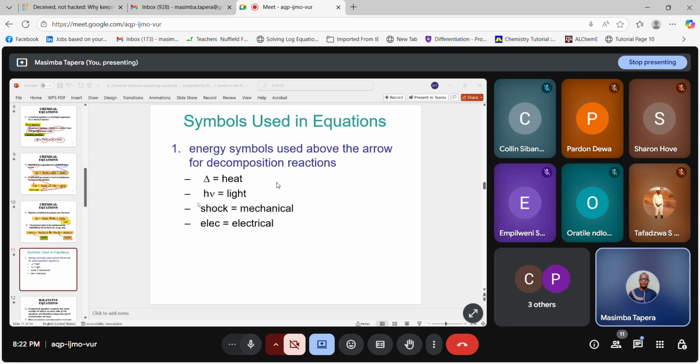It can be associated with a value, an integer, 1 hν, 2 hν, or something like that. This is associated with energy in the form of light. Then sometimes we can have a symbol to show a shock, a mechanical shock or electrical shock. There are some symbols that can also be used for that in our chemical equations.